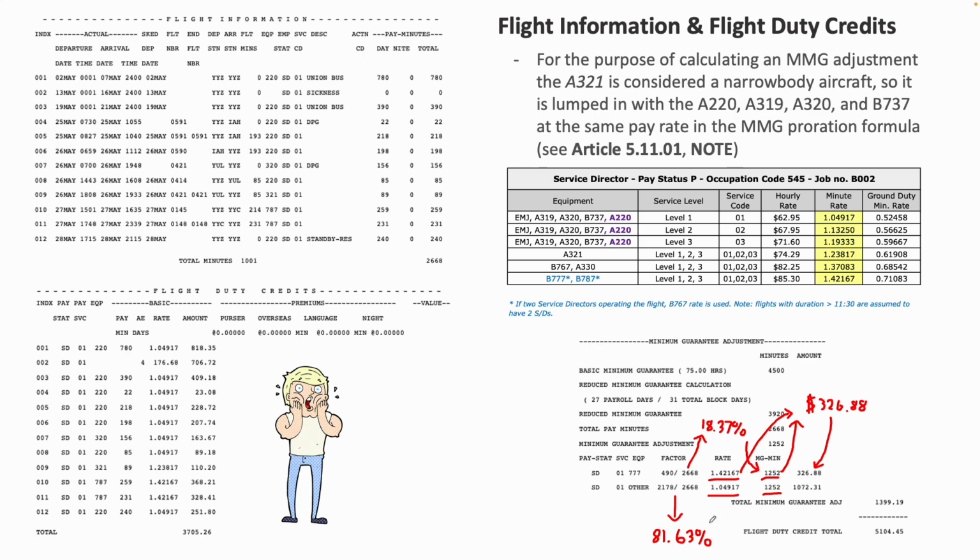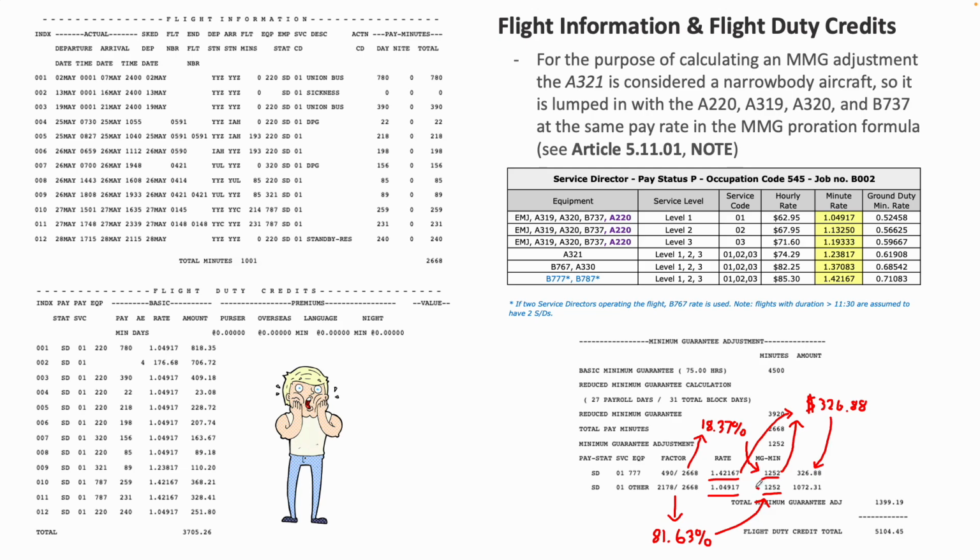Similarly, with the 81.63% that's to be paid out for the narrow body rate, we would take the 81.63%. We then multiply that by 1,252 to figure out how many of those minutes should be paid at the narrow body rate.